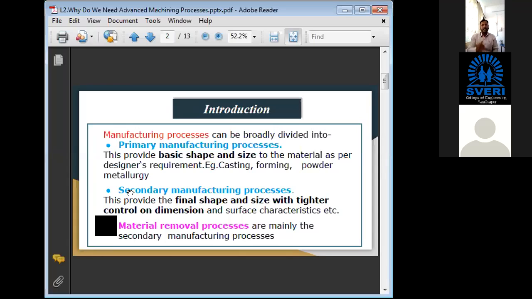Now, within secondary manufacturing processes, another subgroup is the material removal process. Whatever material removal processes there are mainly belong to secondary manufacturing. What is meant by material removal processes?